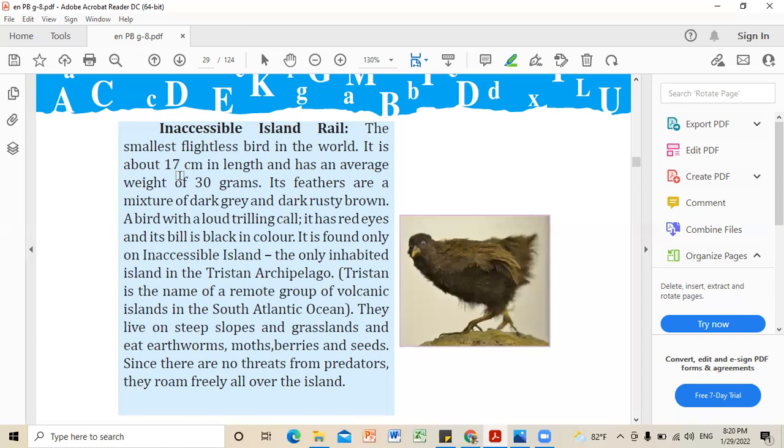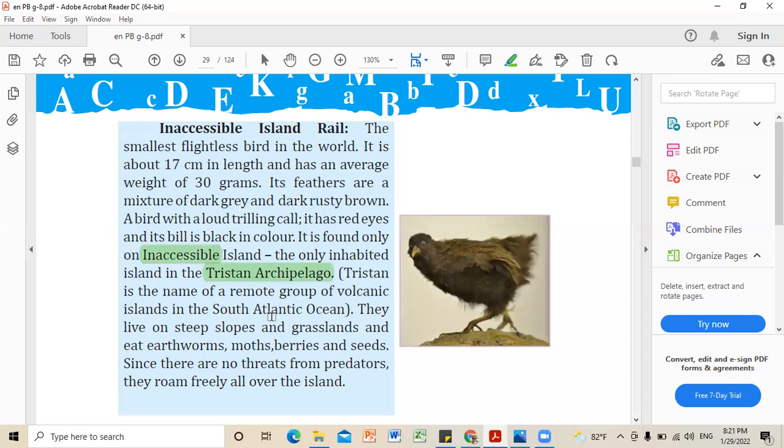It is found only on Inaccessible Island, the only uninhabited island in the Tristan Archipelago. Tristan is the name of a remote group of volcanic islands in the South Atlantic Ocean.